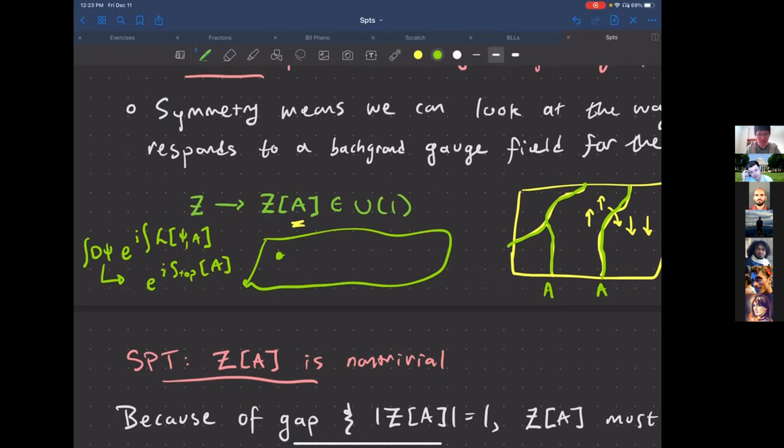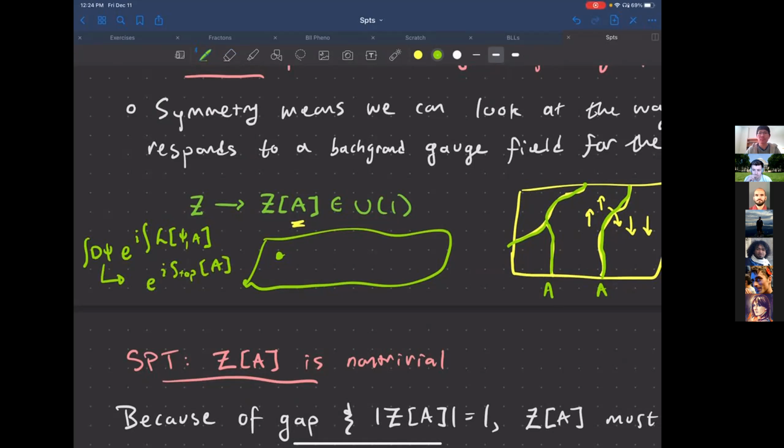But I guess what McIntyre was saying is that the meaning of a gauge field is just that it tells you how to transport matter fields around, right? It tells you how matter fields get acted on by the symmetry as they move around points in space.